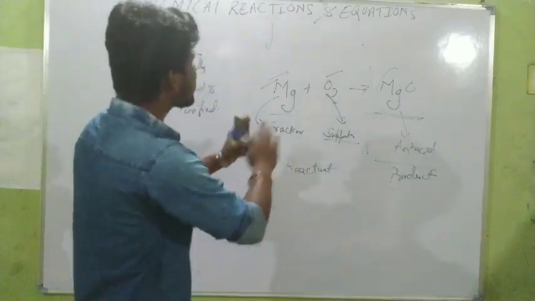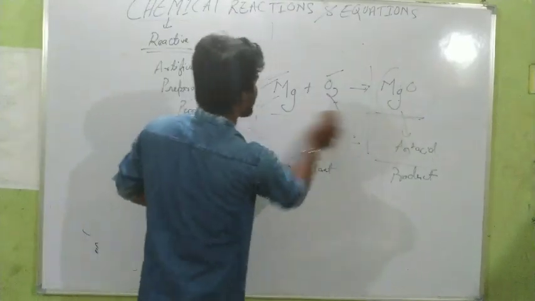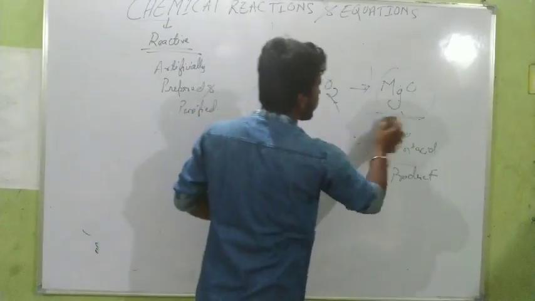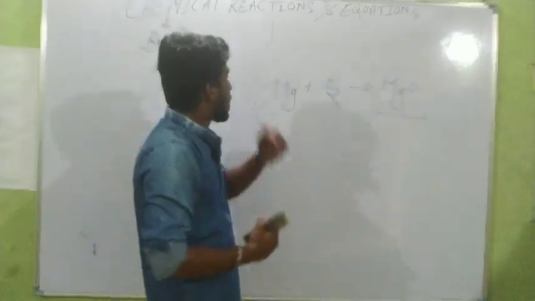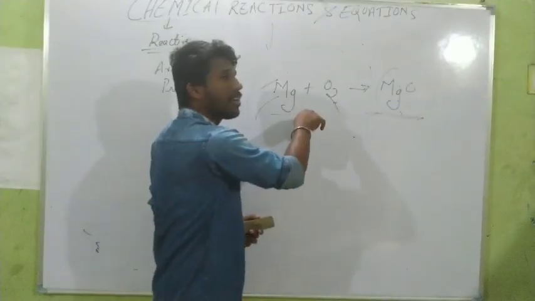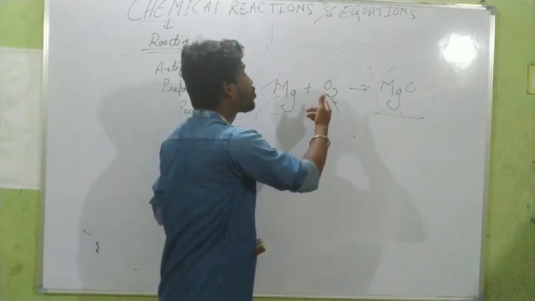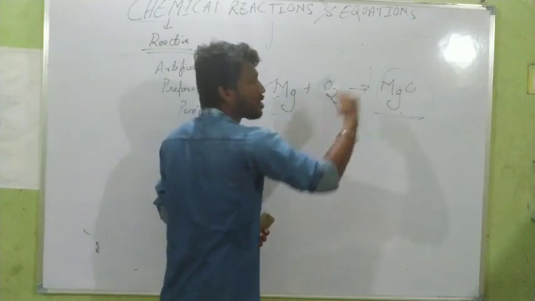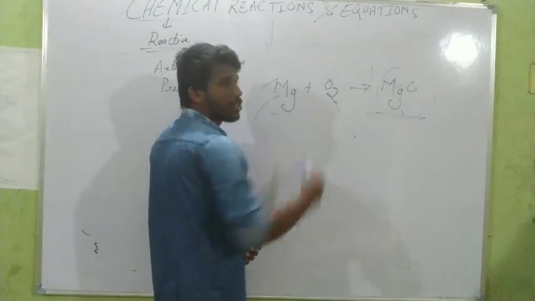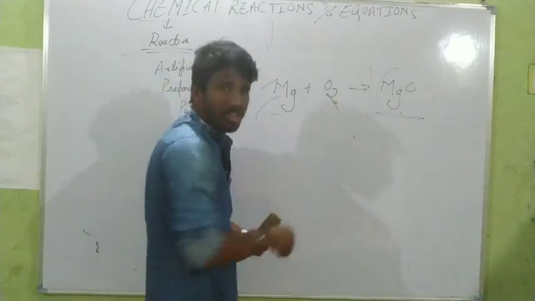Here is one more important piece of information: one element does not change into another element. Magnesium is not turning into oxygen, or oxygen into magnesium. They are just rearranged.